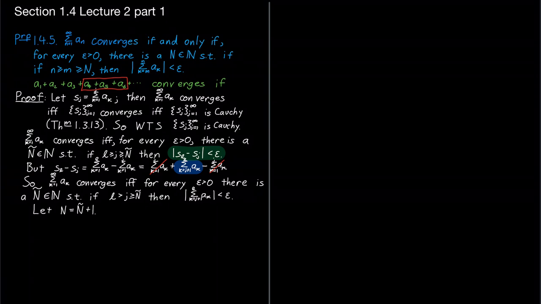So then we're going to let little m be J plus 1 and little n be L, not K, because we're using K as our dummy variable.